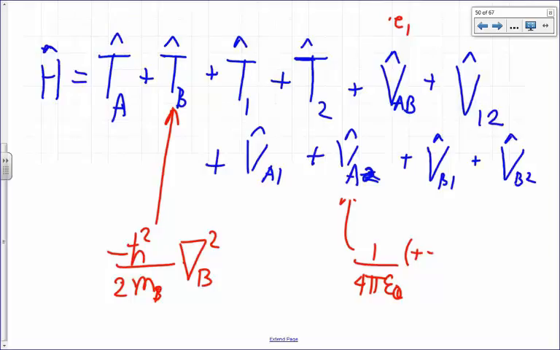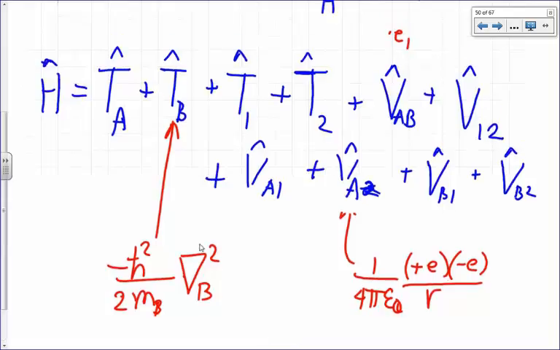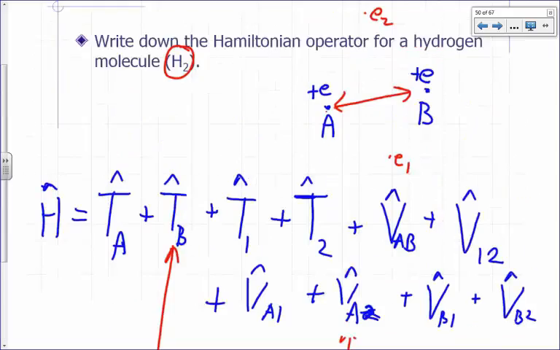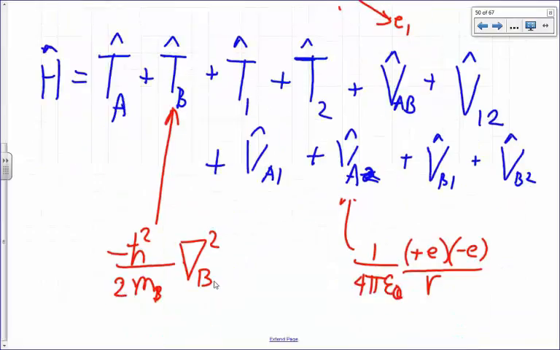Positive e. That's one proton in the nucleus. Charge of electron 2, negative e, divided by the distance between nucleus A and particle 2. So this distance right here is R A2. Call that R A2, and that's what you write over here, R A2.